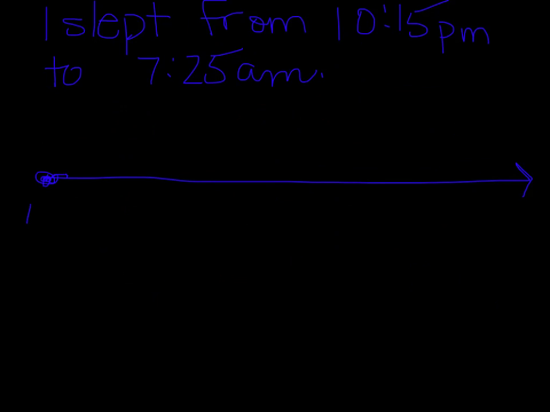Whoops, here's my start time, 10:15 p.m. And I woke up, my ending time is 7:25 a.m. So I've got that AM and PM change going on. Remember, I'm going to start with my hours. I'm going to use my mountains and my hills. So please go ahead, pause the video, and work these with me, or work them on your own, and then come back and check with me. Make sure to pause the video.